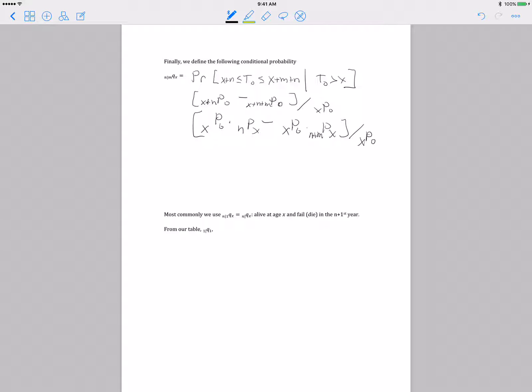Using the multiplicative property, we can factor out the probability a newborn survives to age x and cancel it, and we're just left with the probability age x survives n years minus the probability age x survives n plus m years, and that is our interpretation of our new notation.